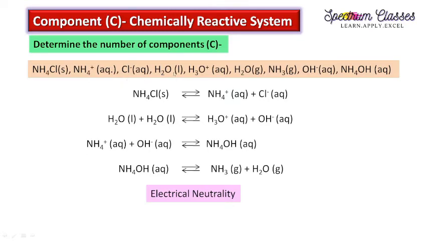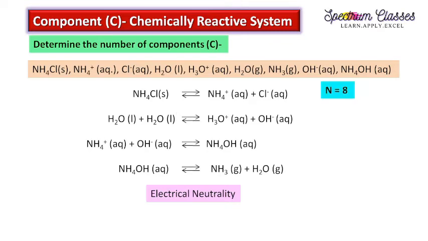Don't go by yourself. Here, if HCl is not given, don't go for HCl formation. Different books follow different methods to solve for the number of components, so whichever you feel good with, go with that. But I'm just sharing my experience with you.